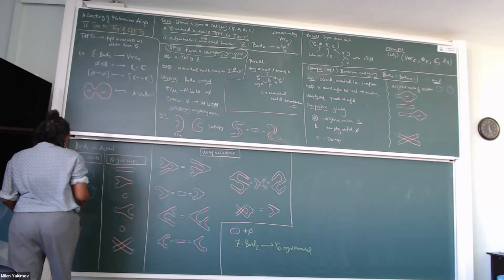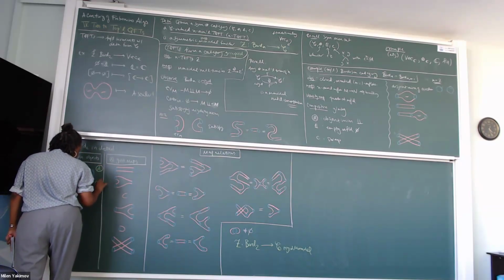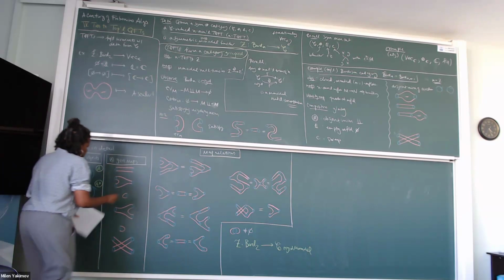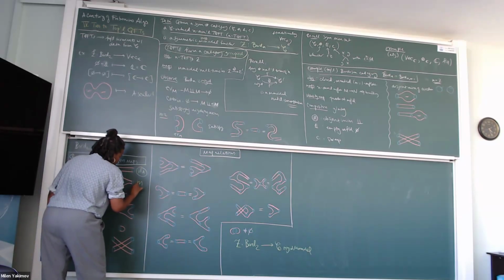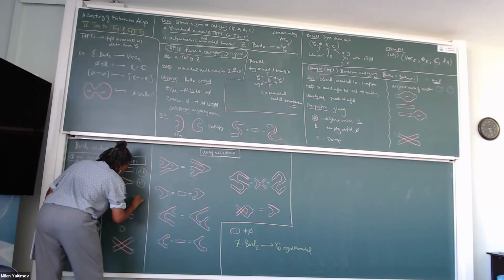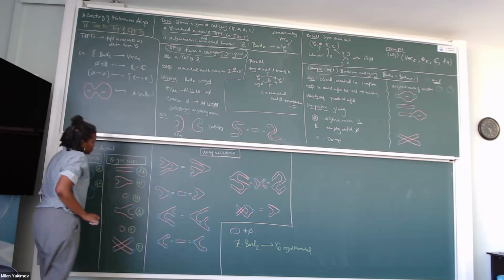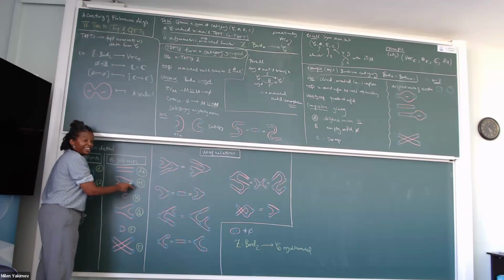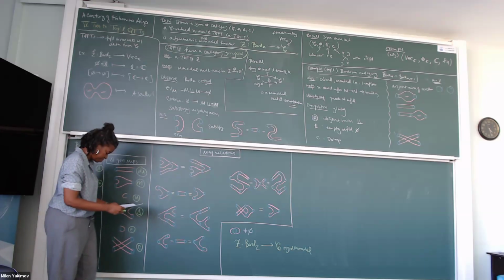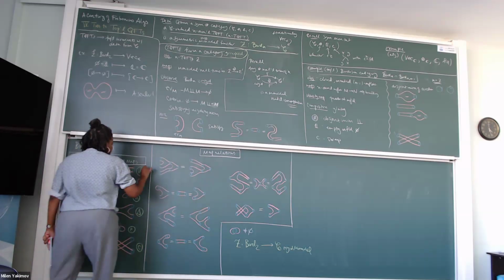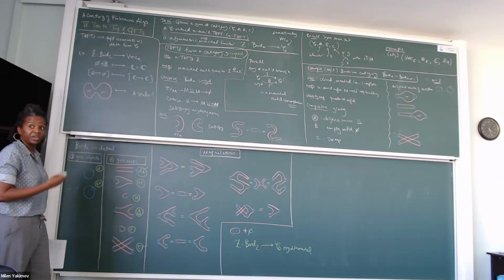So this is going to go to some object A, and this is going to go to the dual of A. This goes to the identity map on A, and I'm just going to label these as M, U, delta, and epsilon. Mainly M goes from 2 copies of A to A, and U goes from 1 to A. Now, this is already part of my category. These are extra structure that it takes into account.